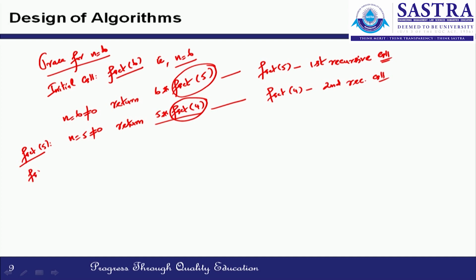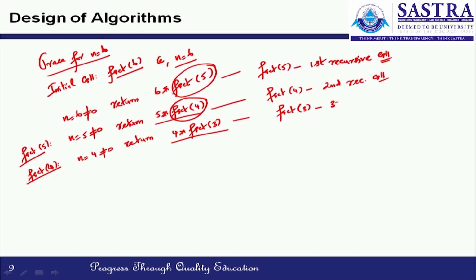So during the second recursive call, fact of 4, n is equal to 4, which is not equal to 0. The value of fact of 4 is computed as 4 into fact of 3, in which fact of 3 results in the third recursive call.